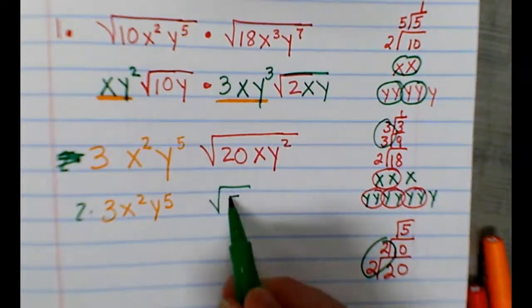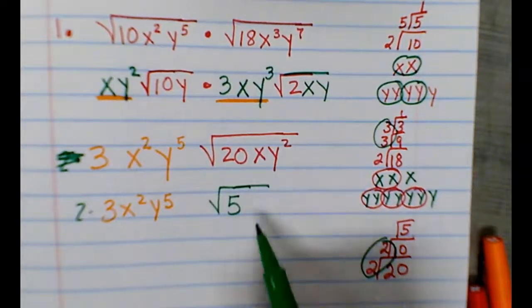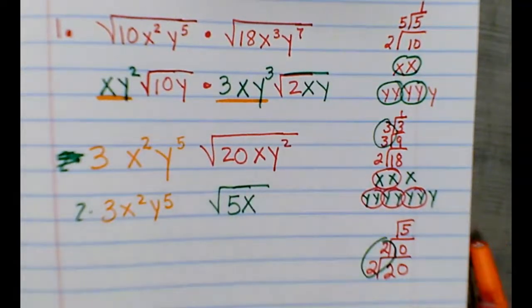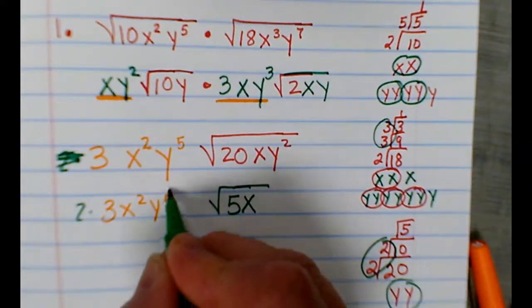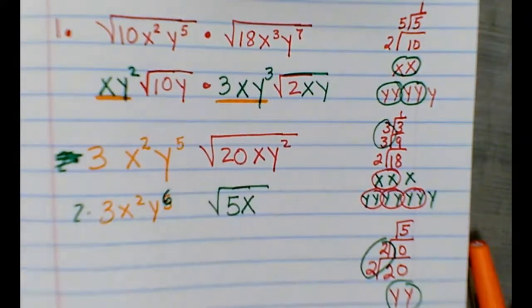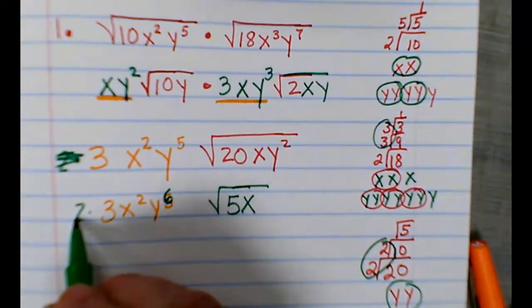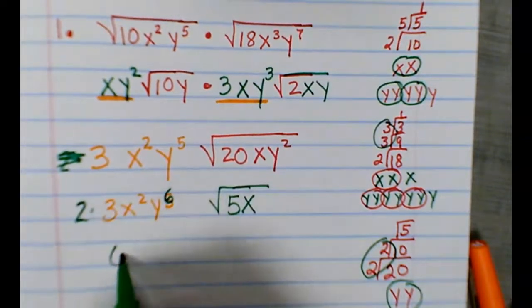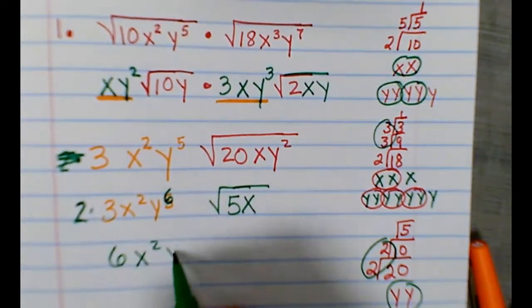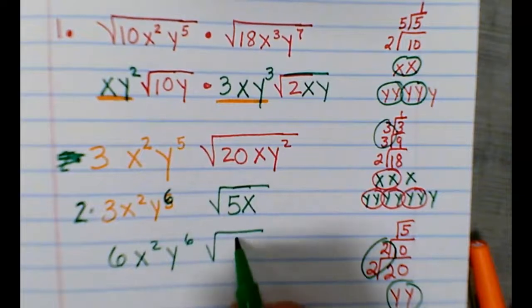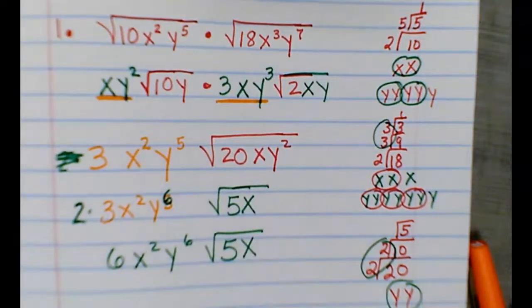And it has a 5 left over. That x doesn't have a pair. The y squared has another pair to add to these pairs that I already had there. 2 times 3 makes a 6. x squared y to the 6th, 5x.